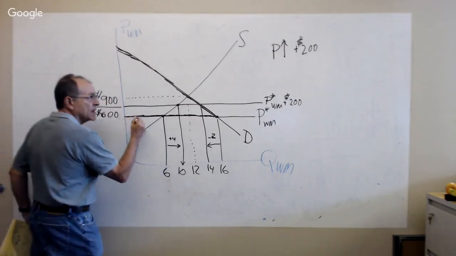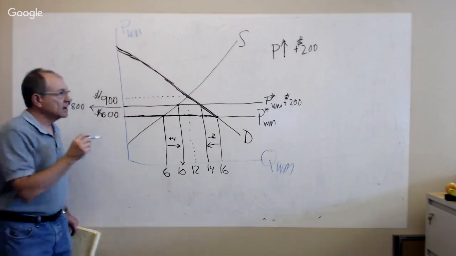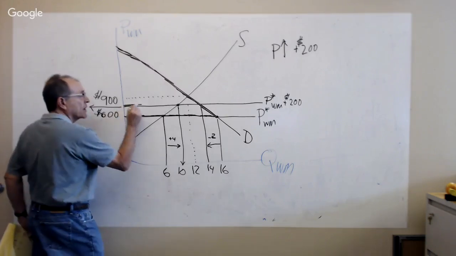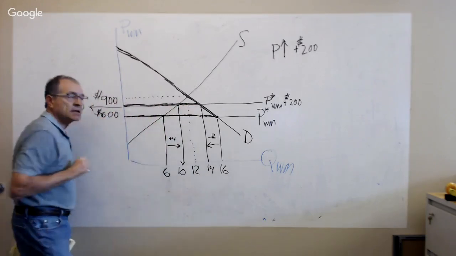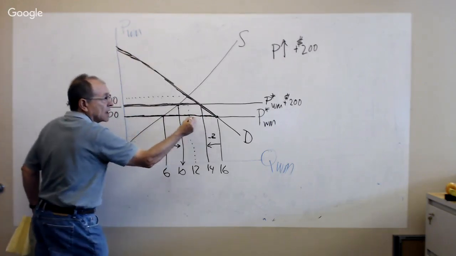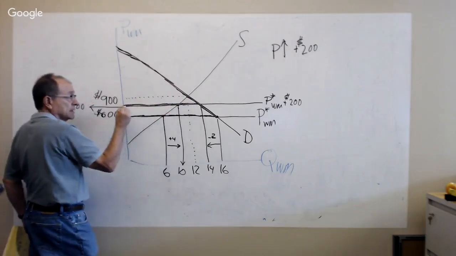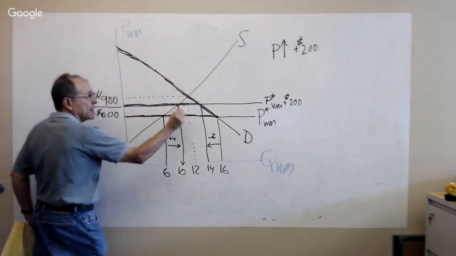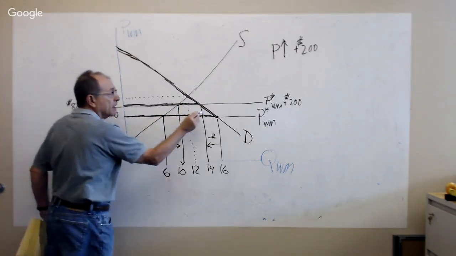It's the area above the price but below the demand curve. Now with the tariff, this is the new price right here that I'm making thicker. You can see that consumer surplus, which was this originally, has now shrunken or is now smaller by this amount here, by this long rectangular area and this triangle.